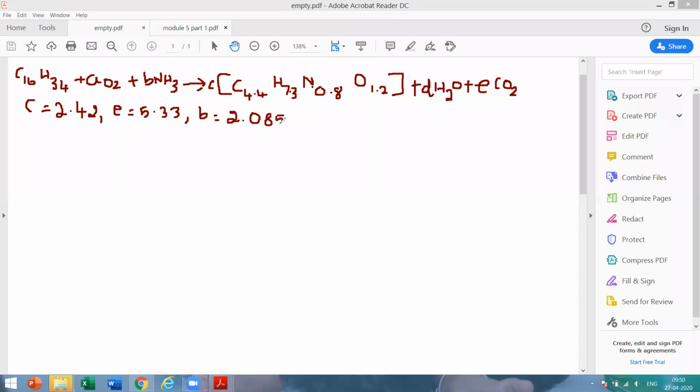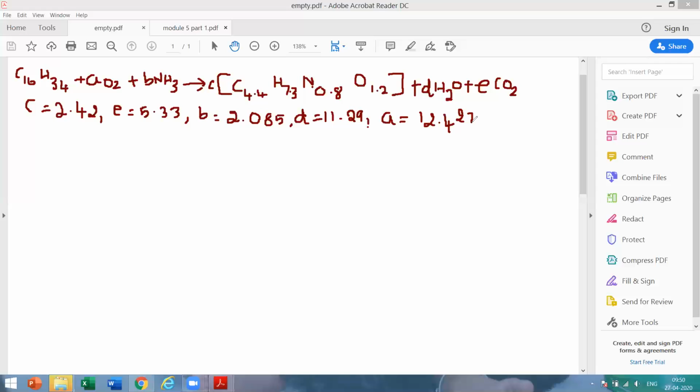Okay, B is equal to 2.085, and then D is equal to 11.29. Okay, D is equal to 11.29, and then A is equal to 12.427. Okay, A is equal to 12.427.